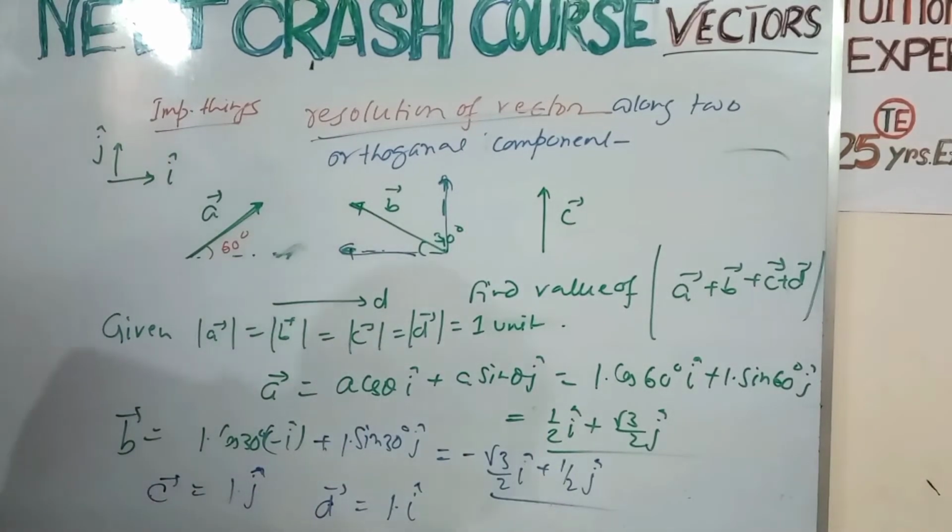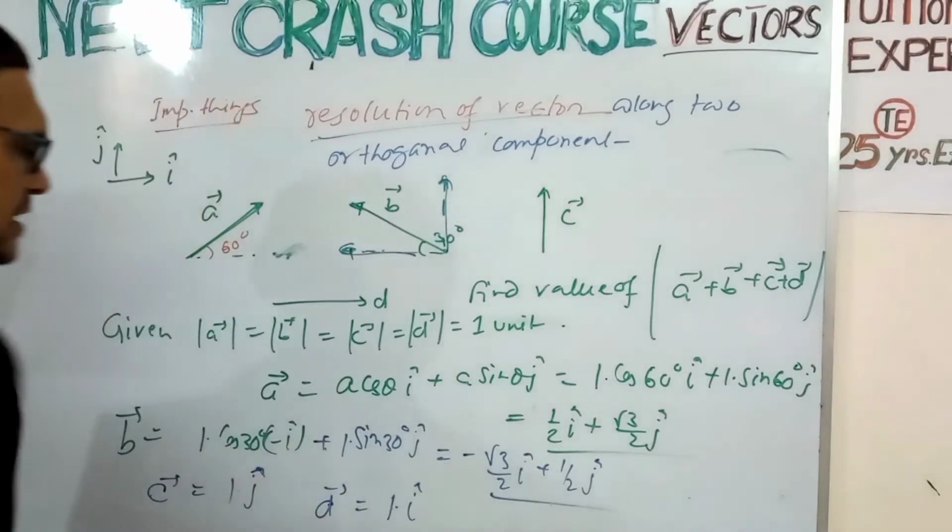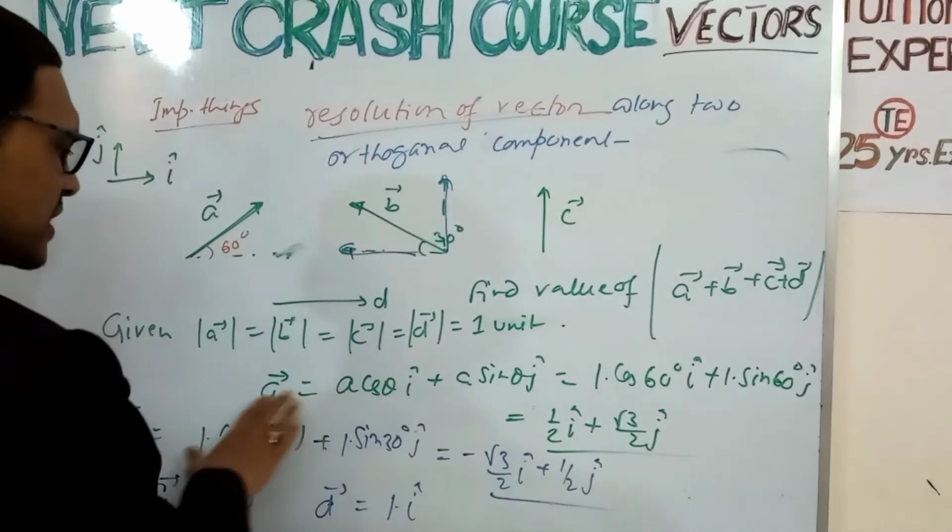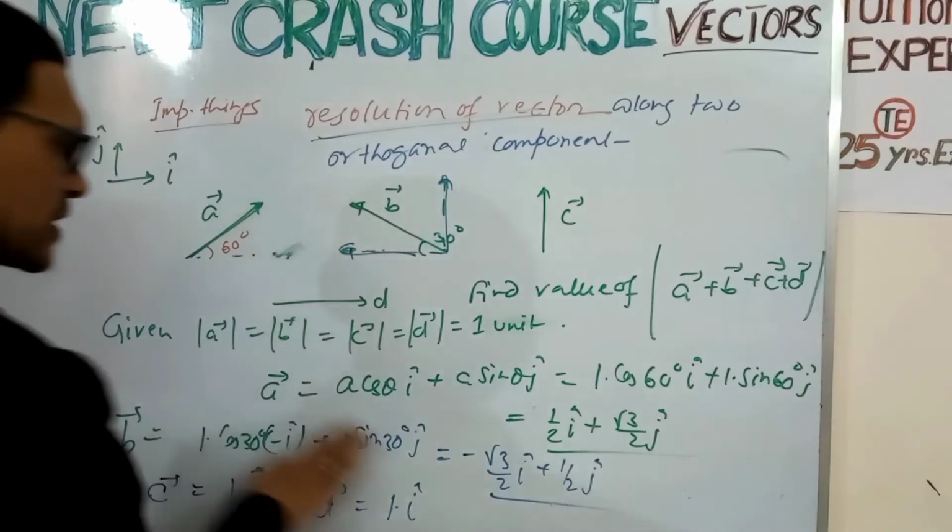Then we can write A plus B plus C plus D, because I components we can add or subtract, and J components we can add or subtract.